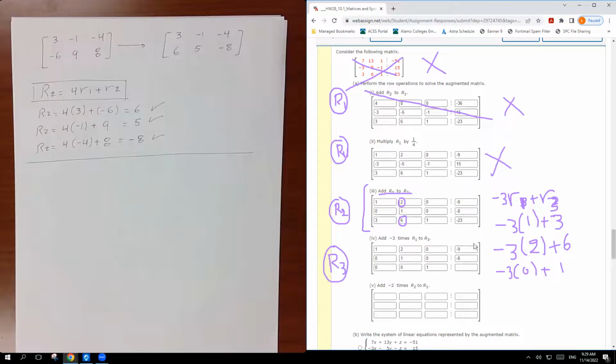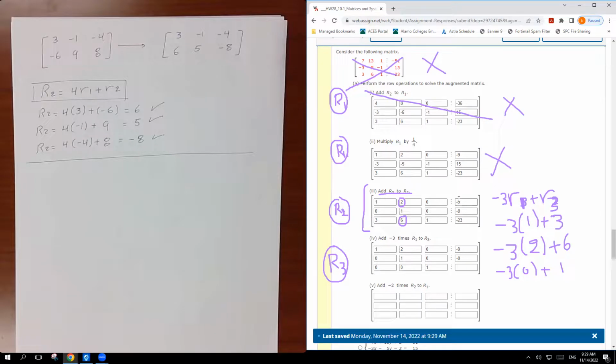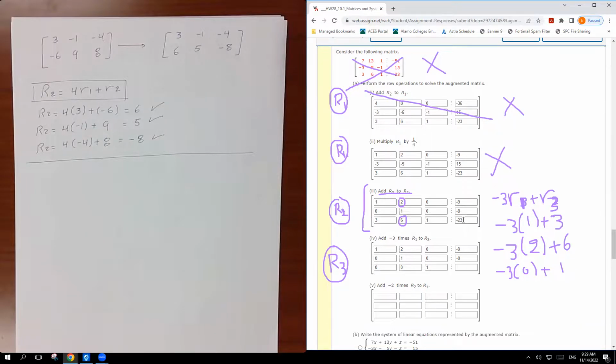Negative 3 times negative 9 is going to be positive 27. Positive 27 added to negative 23 is going to be 4.